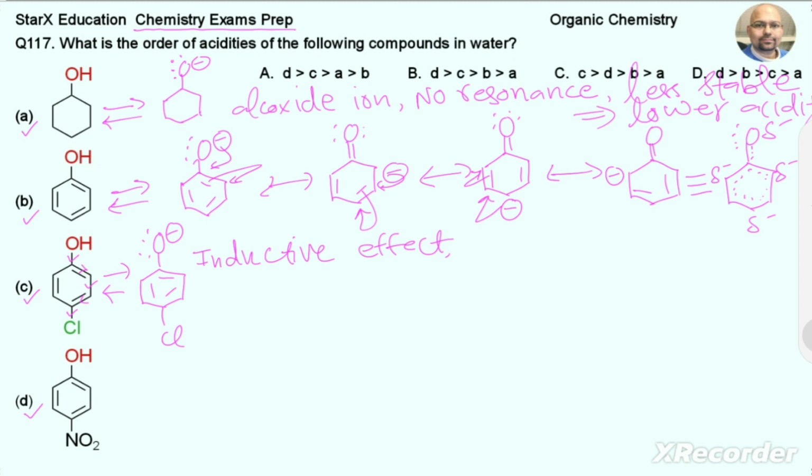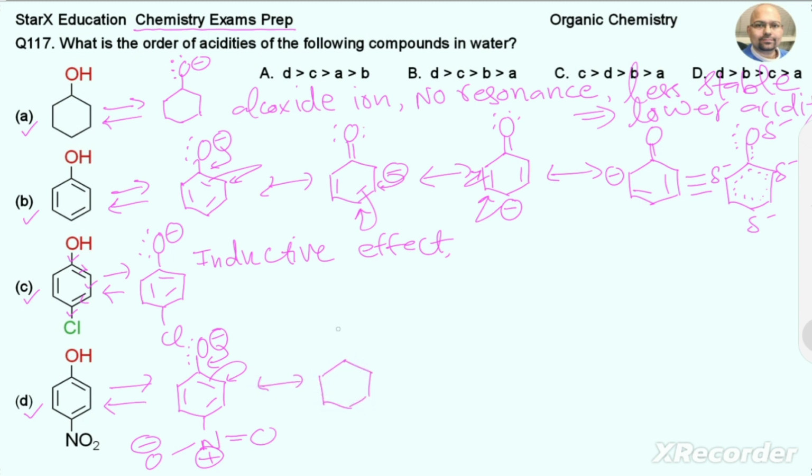So now let's draw out the conjugate base and resonating structures of para-nitrophenol. Once the proton is off, you get your oxygen with the negative charge, and let's draw the nitro group in a more suggestive fashion, which shows the charges on the oxygens and the nitrogen. Now you can draw the resonating structures.